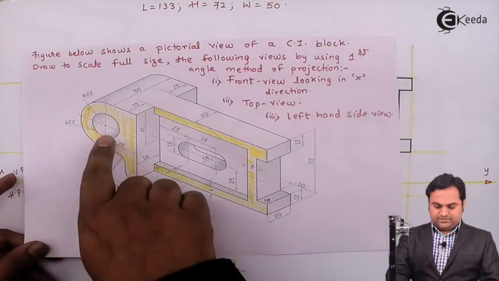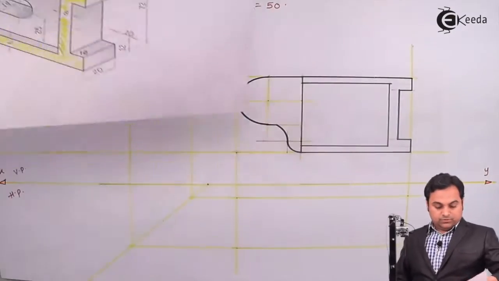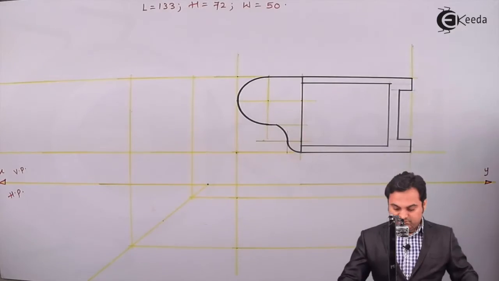Then here there is a circle of diameter 22. So radius is 11 mm, which I'll mark here.